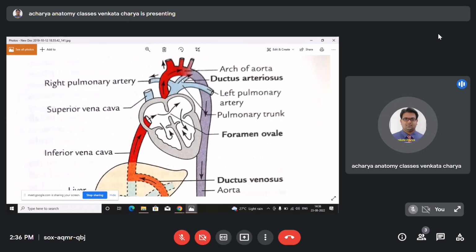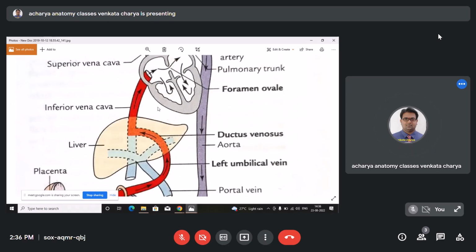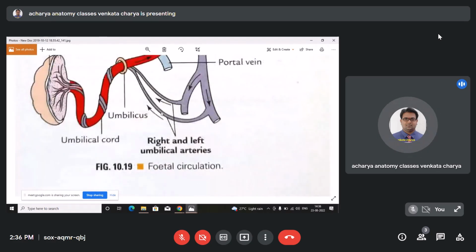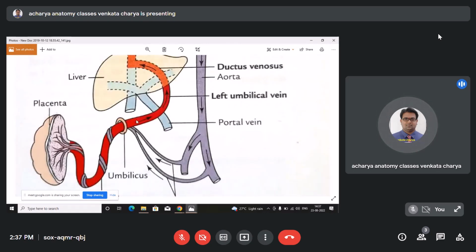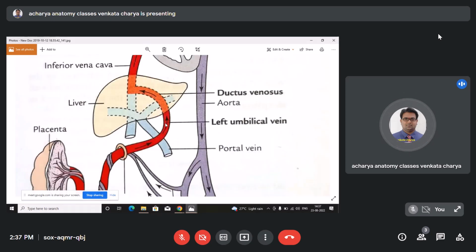So only a duct went away and a ligament was formed. Okay, next change: the two umbilical arteries become the median umbilical ligaments. And the left umbilical vein becomes the ligamentum teres.